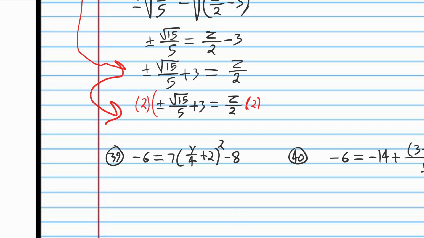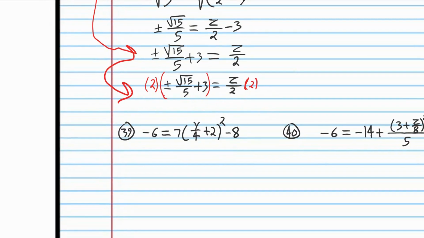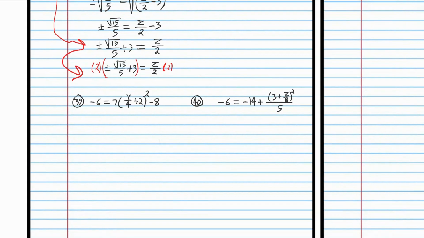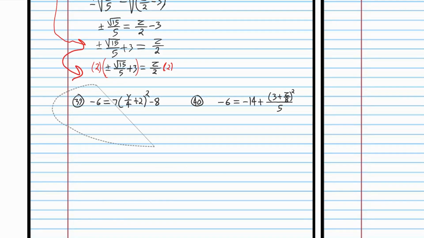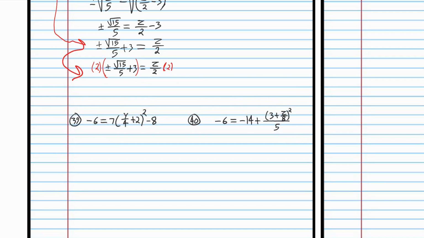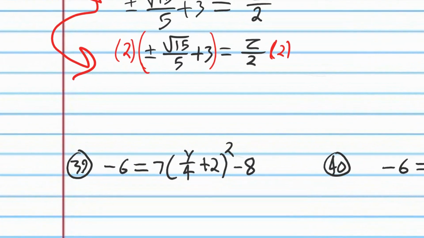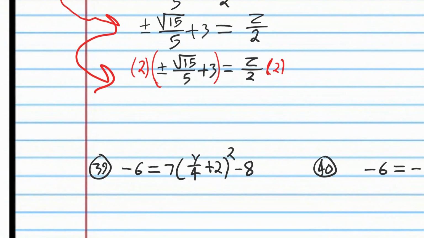I have to put the entire expression in parentheses here because I'm multiplying everything by 2. Now again, because I'm multiplying a sum by 2, I have to use the distribution rule.